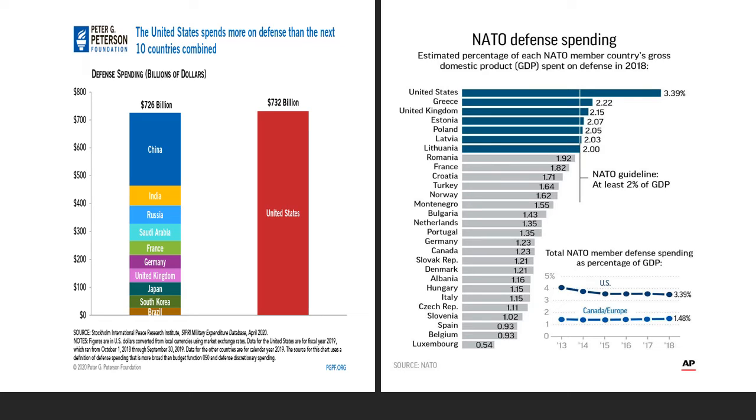As you can see from the slide here, only a small number of states actually spend at least 2% of their GDP on defence, and the others below, from Romania down to Luxembourg, are those states that simply are not meeting that base criteria of what NATO membership implies.